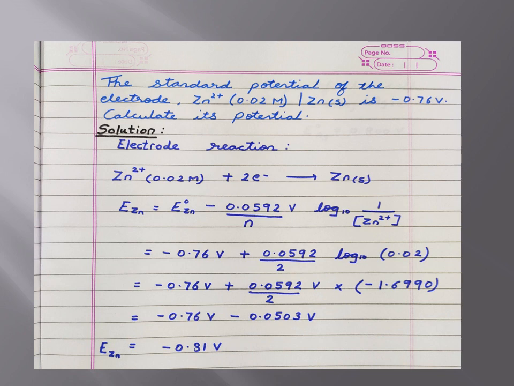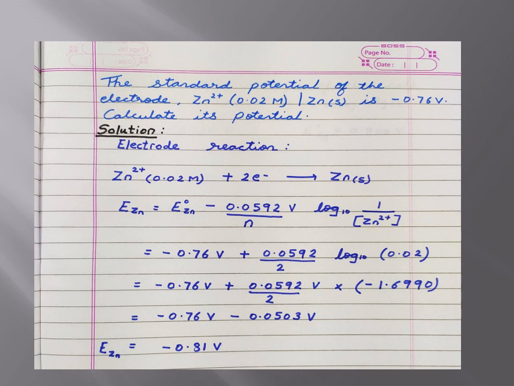So let us first see the electrode reaction. You can see that over here the zinc ion has gained 2 electrons, and it has undergone a reduction reaction to give zinc, that is Zn solid.